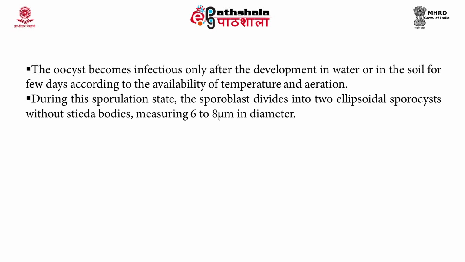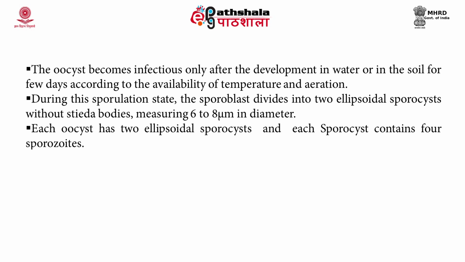During this sporulation stage, the sporoblast divides into two ellipsoidal sporocysts without Stieda bodies, measuring 6 to 8 micrometer in diameter. Each oocyst has two ellipsoidal sporocysts and each sporocyst contains 4 sporozoites.